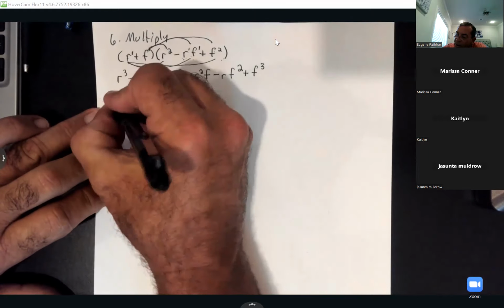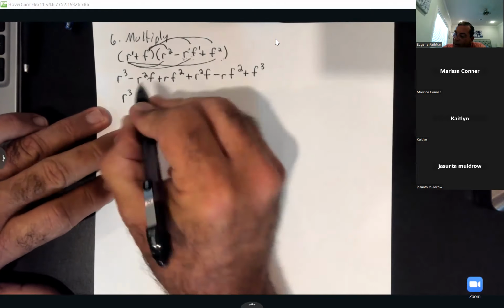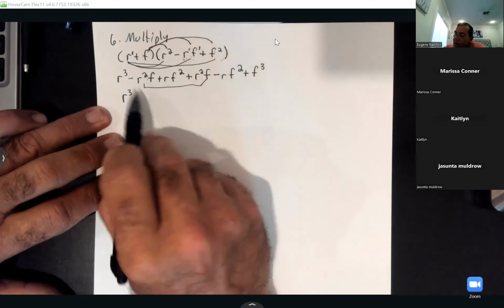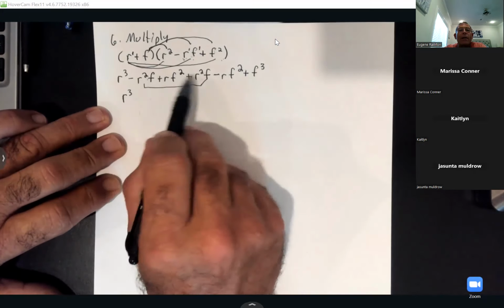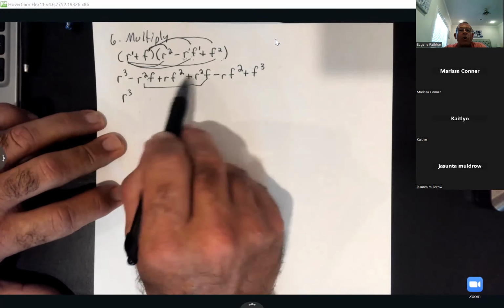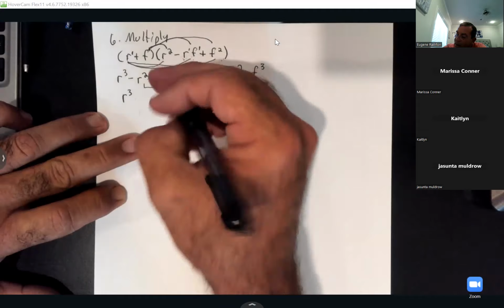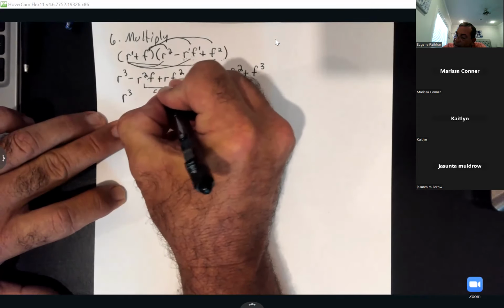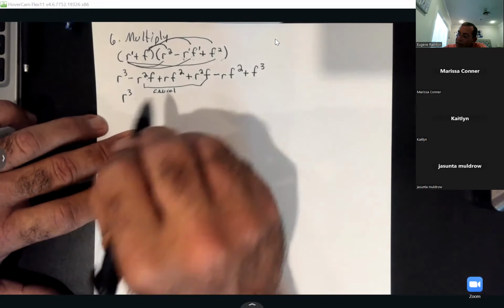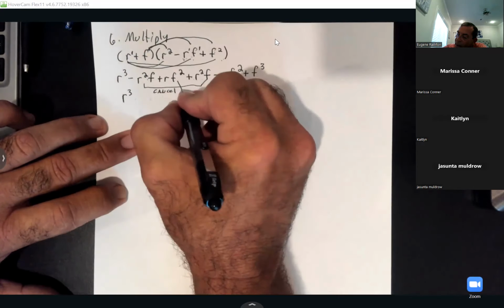We bring down our R to the third. So let's do the R squared F's first. You got a negative 1 and a positive 1. Well, y'all, negative 1 and positive 1 add to 0. So those basically cancel out. So let's add the RF squareds.